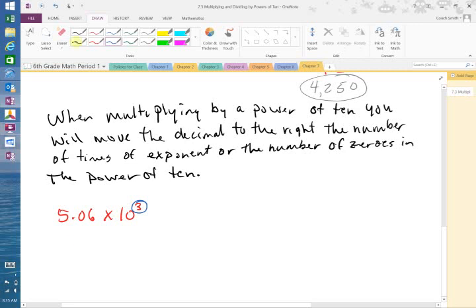So I'm going to take 5.06 and move the decimal to the right once, twice, add a 0, and so that gives me 5,060 as my answer.